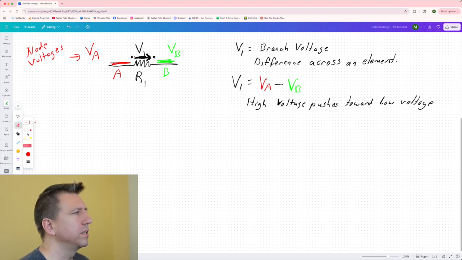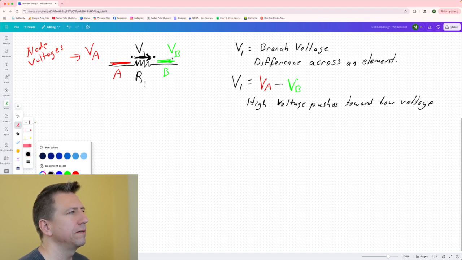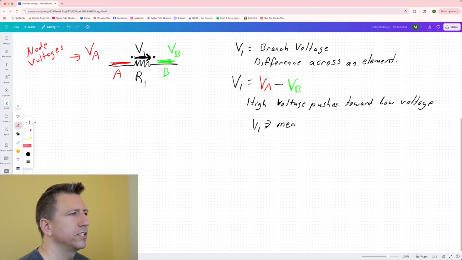Okay. We also know that V1, since it is the difference between A and B, is a measure of how much energy is delivered to the resistor.